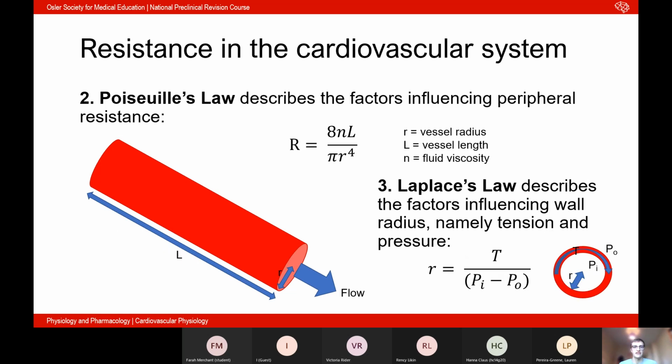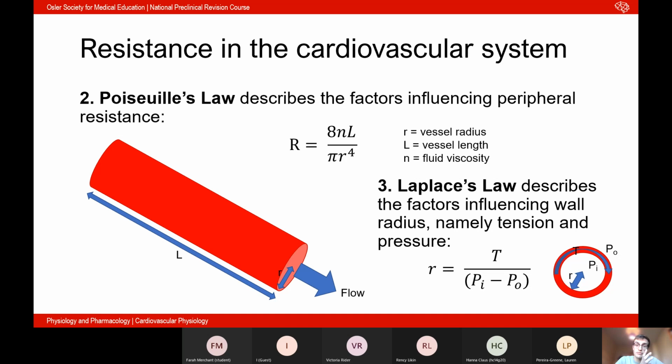So resistance is given by Poiseuille's law. And this is quite a nice one, and it describes the properties of the vessels that impact on resistance. So what are the factors there? We have fluid viscosity, which is a property of the blood that we're not going to go into much here, but also the length of the vessel and also the radius of the vessel, which is really, really important.